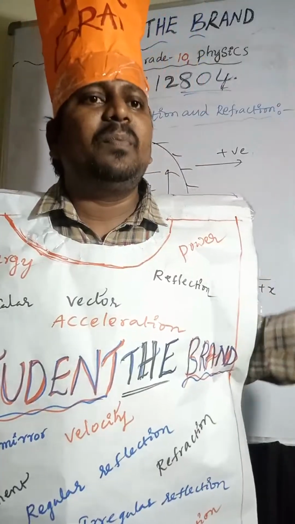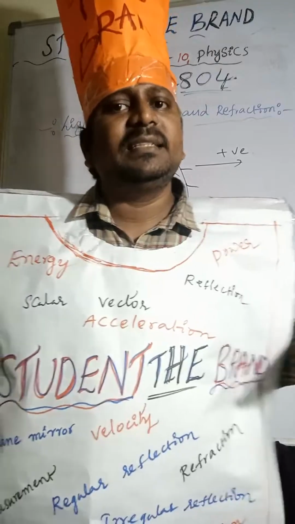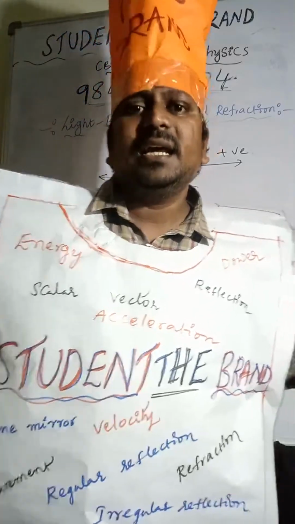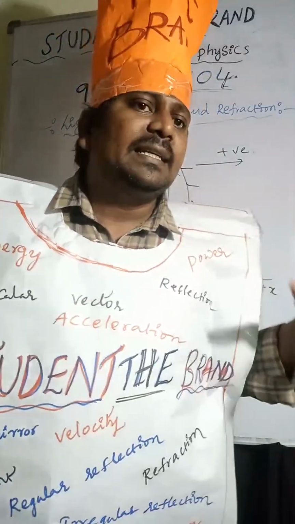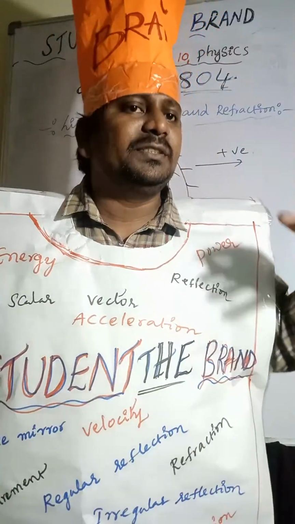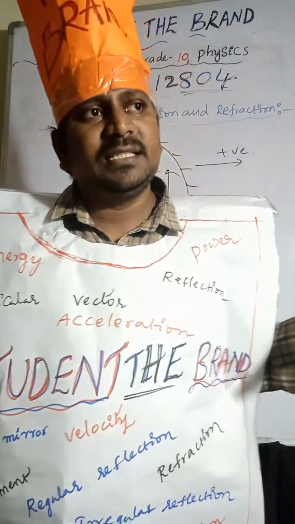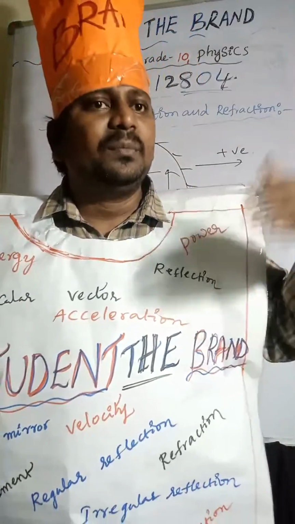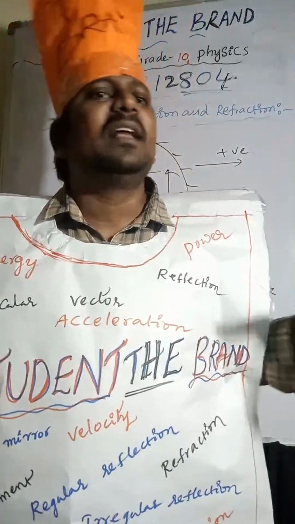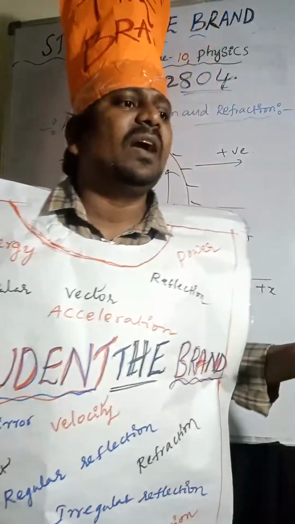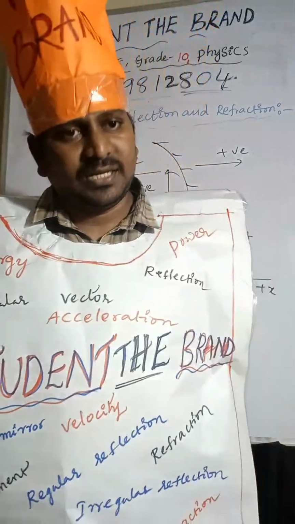Distances are positive along the incident rays. Distances are negative opposite to incident rays. Distances are positive above the principal axis. Distances are negative below the principal axis. New Cartesian sign convention. So like that, you can remember.